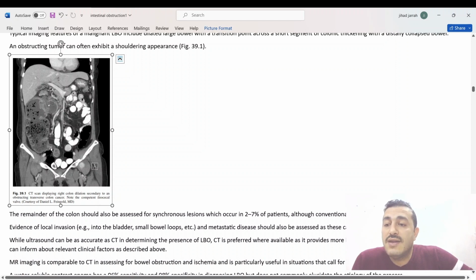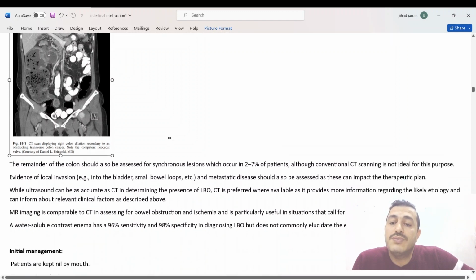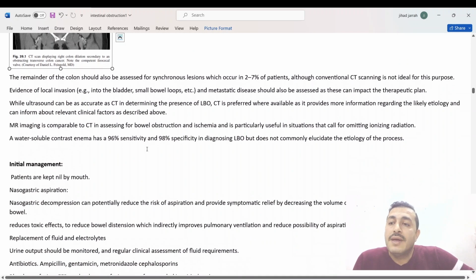We can see here that the ileocecal valve is competent, with no reflux of material, and here there is also an obstructing lesion, so this is like a closed loop obstruction.